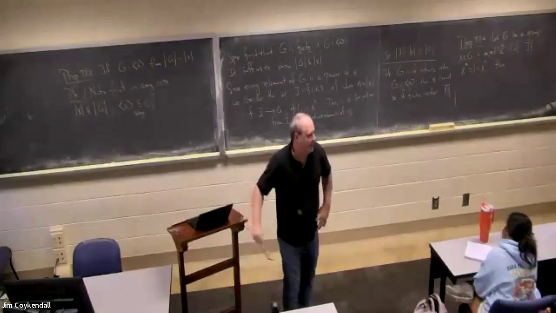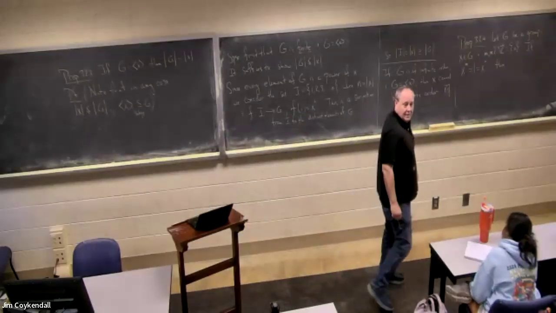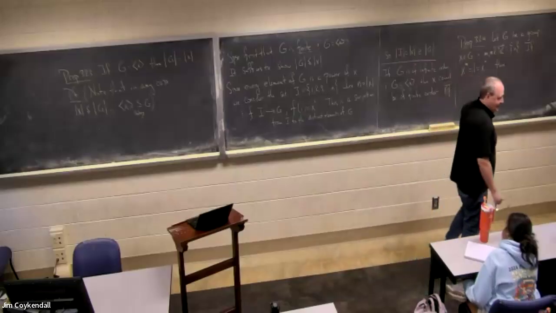What nifty thing is true? X to the n minus m is the identity.